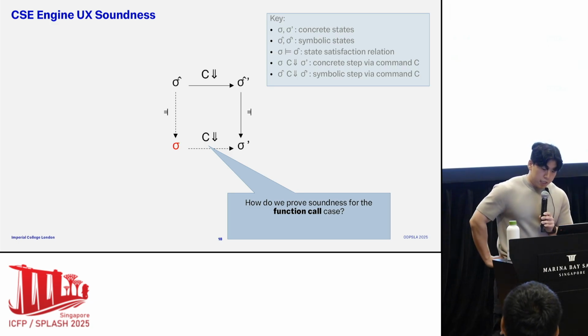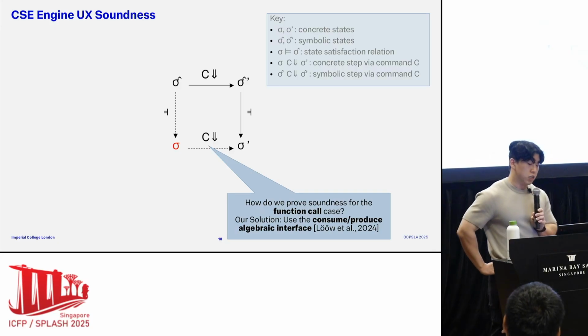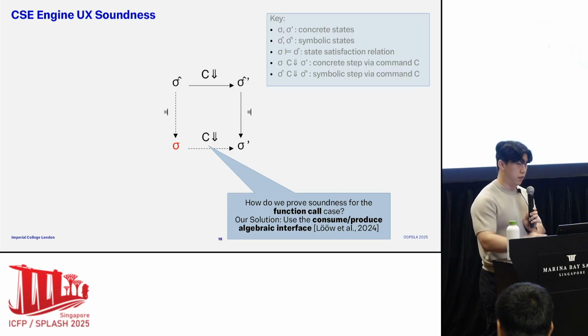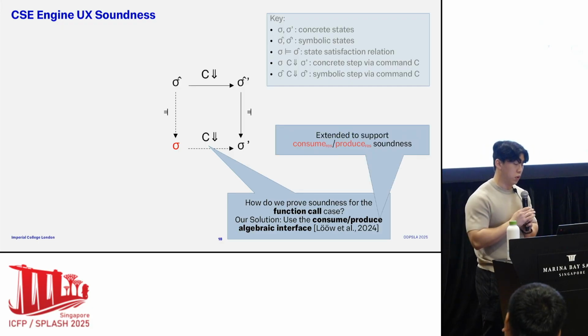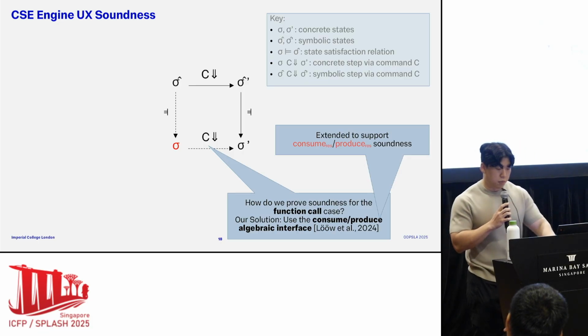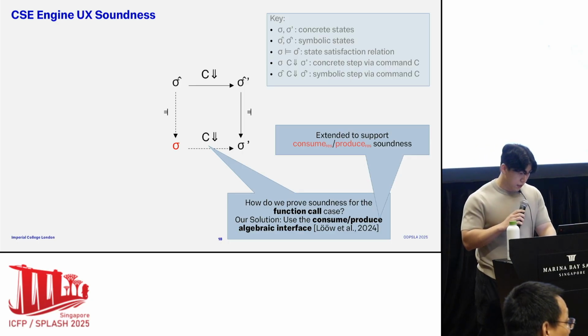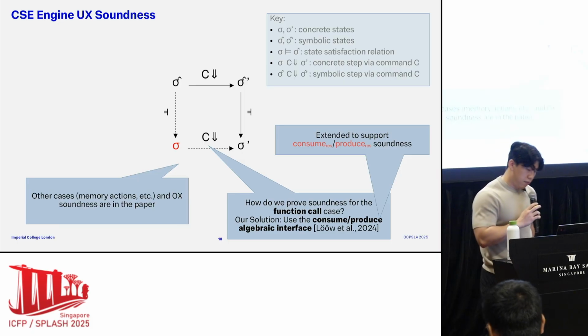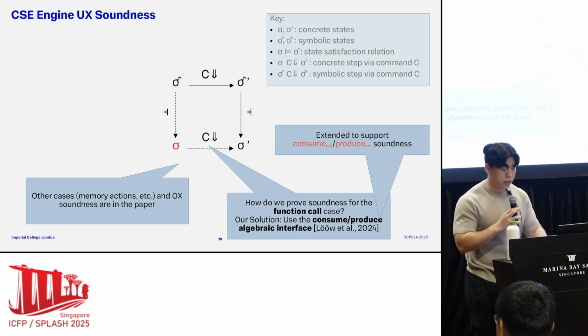And in terms of proving soundness, we can still use the consume and produce algebraic interface that was done before, but we extend this work to support the consumption and production of resource assertions.